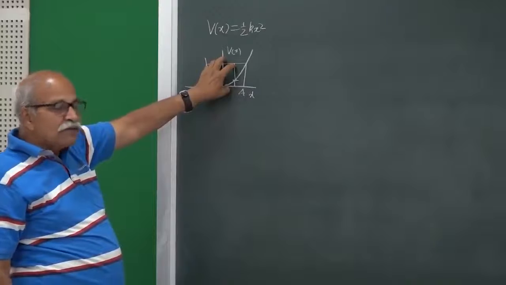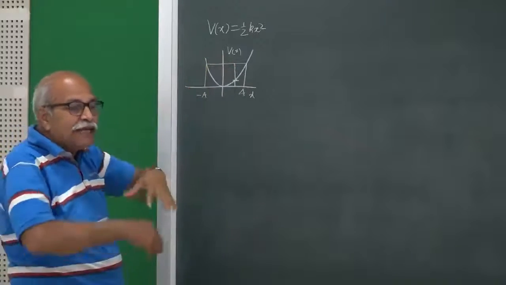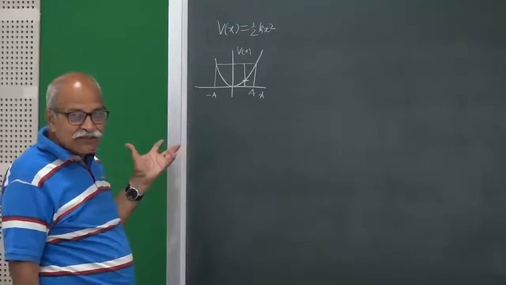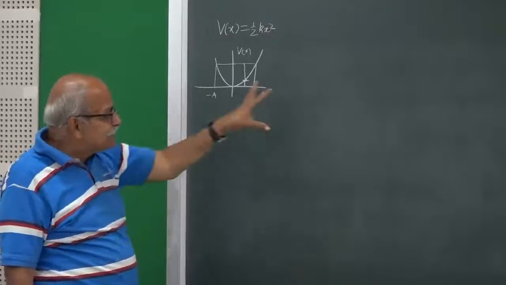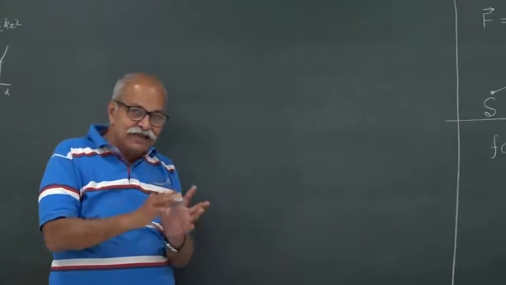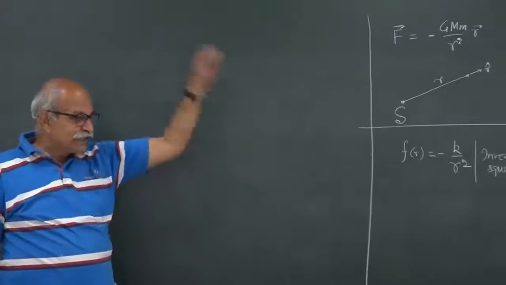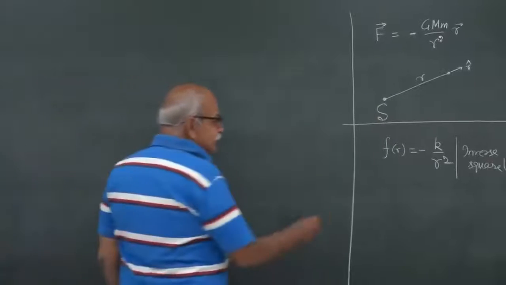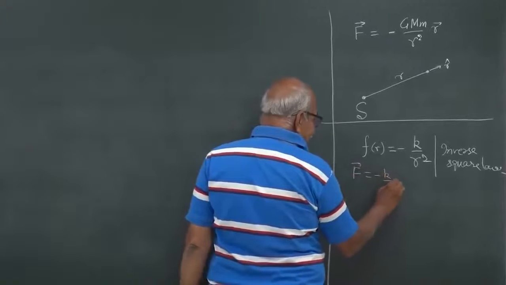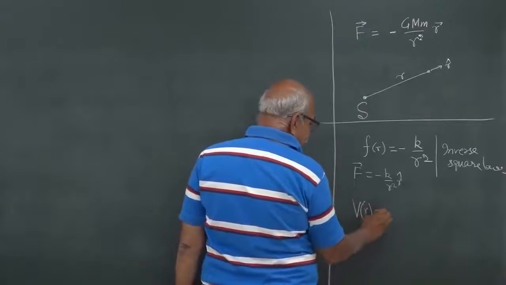But if the motion is not confined to one straight line, but can go in a plane in different directions, then how do I plot this? It so happens that in this kind of central force motion, we can have a similar thing, an energy diagram, but not exactly of this kind, where I just plot the potential energy as a function of position, because here if the force is equal to minus k by r square r cap, then this potential V of r will be minus k by r.